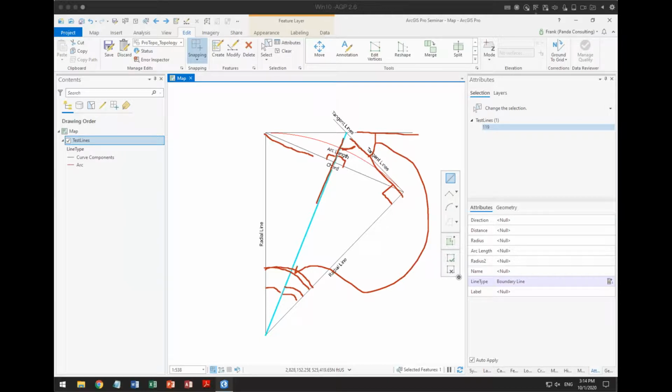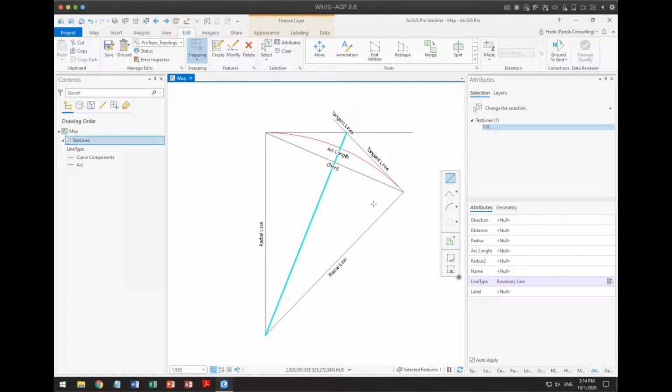Let me clear this out because it gets redundant. It means that this angle is the same as this angle.